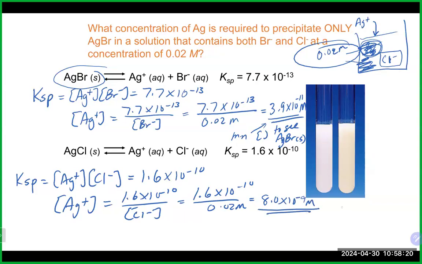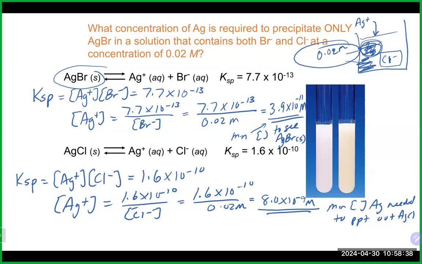This number is the minimum concentration of silver needed to precipitate out silver chloride in this particular case. Any questions on that?